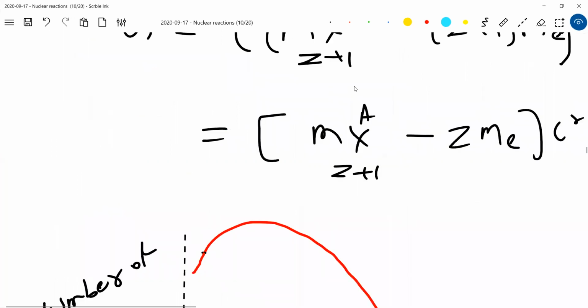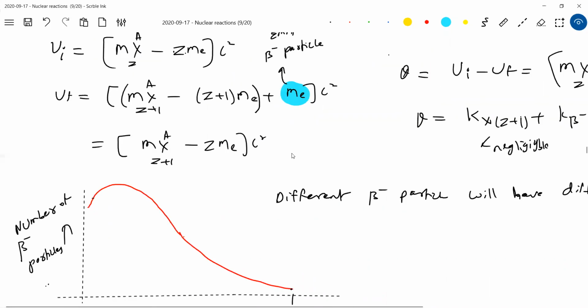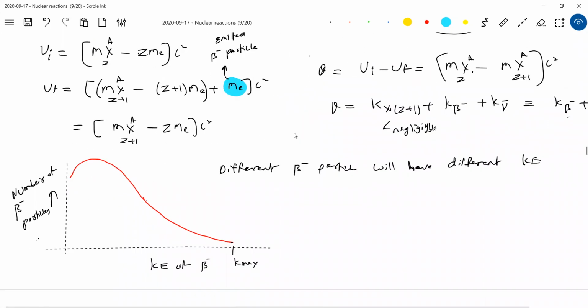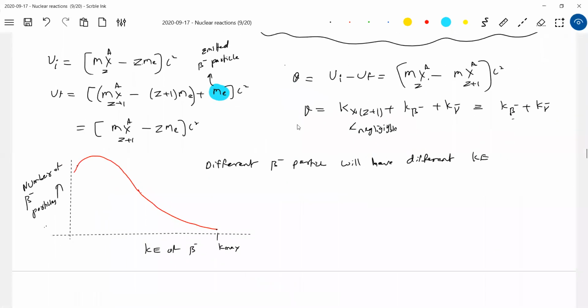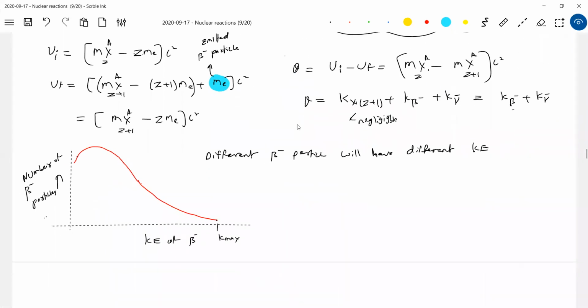Now, the antineutrino, let's not bother much. Our syllabus will not take us into much depth on how the antineutrino comes about. So you can just put it like a story. This statement is very important: the different particles will have different kinetic energy, and there is a particular graph you can draw.